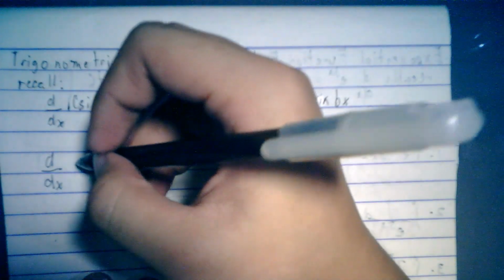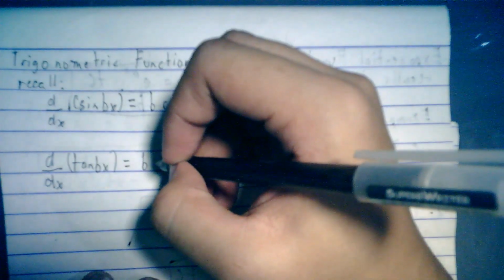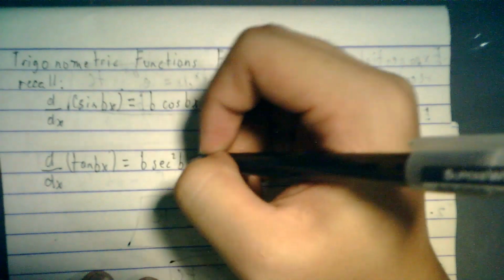Another derivative we have here is just the derivative of tangent bx. So we all know the derivative of tangent bx is just equals to b secant squared bx.